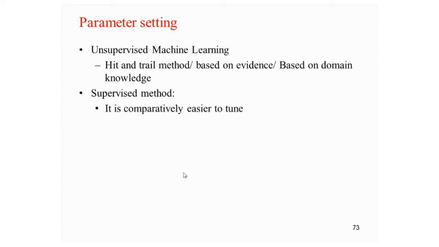Either you can tune through hit and trial methods, or based on evidence in the literature, if someone has already done it, you can run your code based on that, or based on domain knowledge you can tune your parameters. This is especially so for unsupervised machine learning; for supervised machine learning it is a similar situation, but in supervised methods tuning the parameters is comparatively easier.